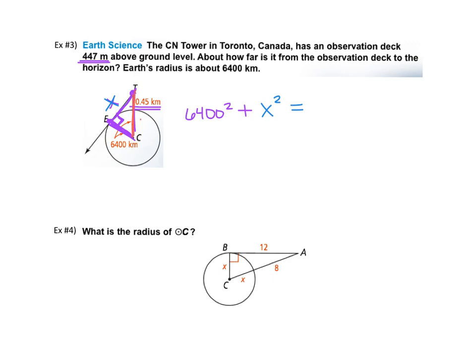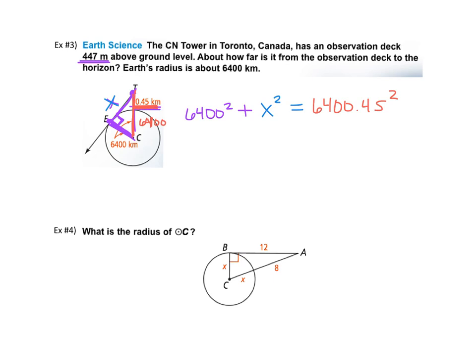And what you need to make sure of is we know this distance, because it's a radius, is 6,400 kilometers, but we need to add the 0.45 to that. So it would be equals 6,400.45 squared. Okay, so it's just Pythagorean theorem.